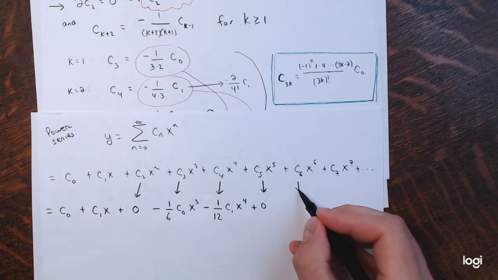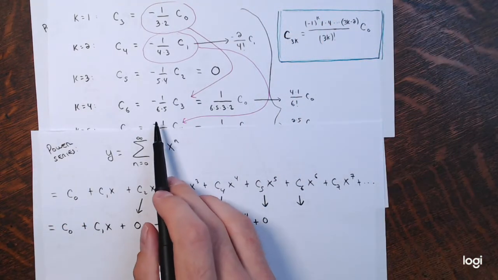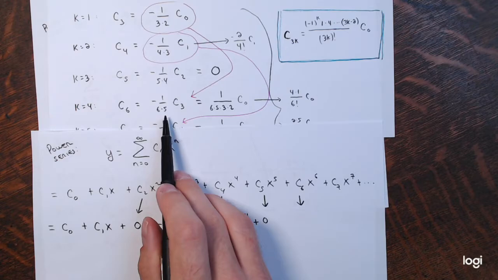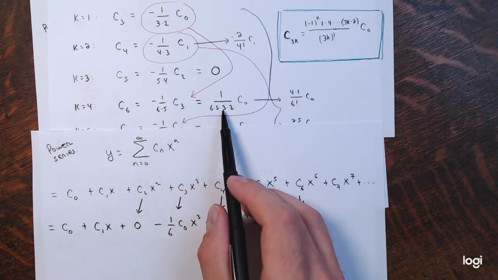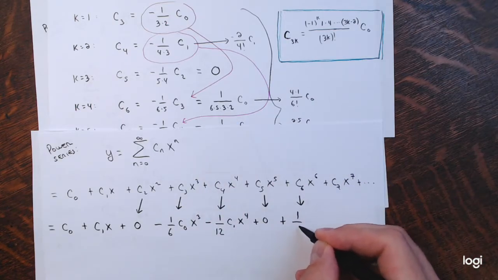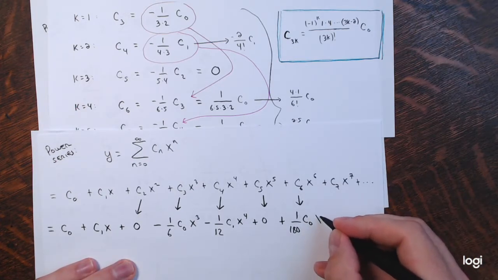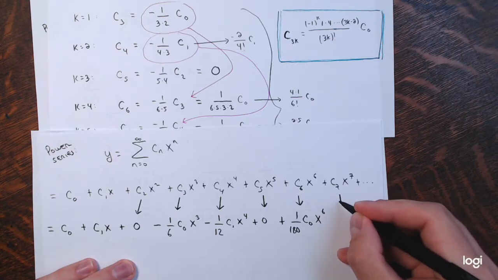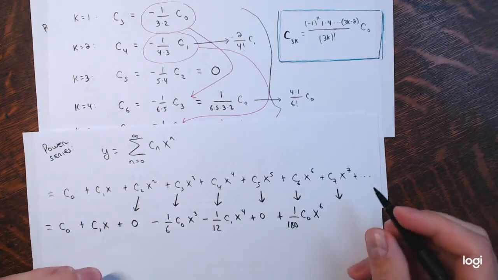And then C6 would be 1 over 180 because it's 30 times 6, so positive 1 over 180 C0, x to the sixth. And then C7, and this will be enough, and then I'll write dot dot dots everywhere.